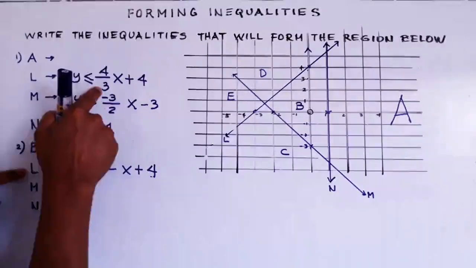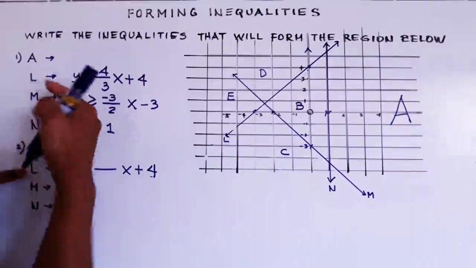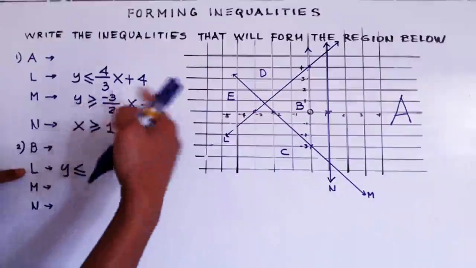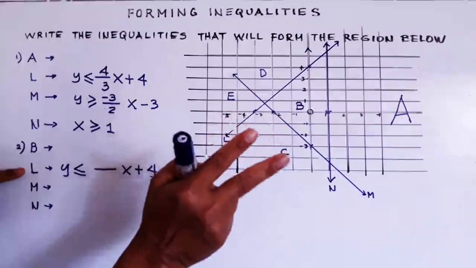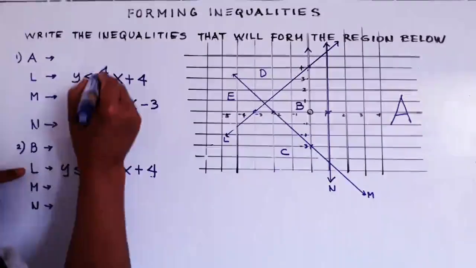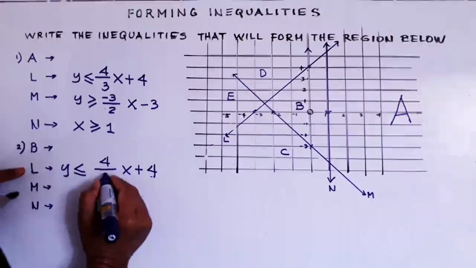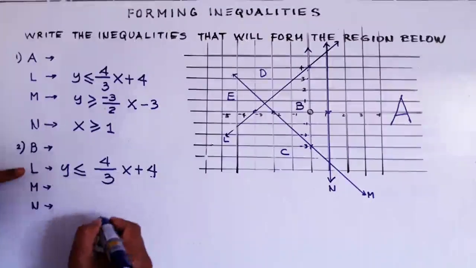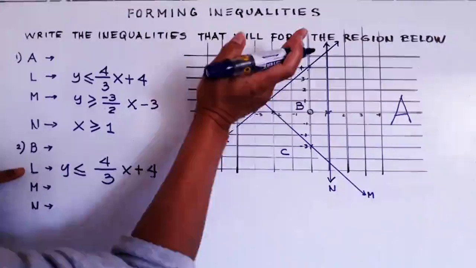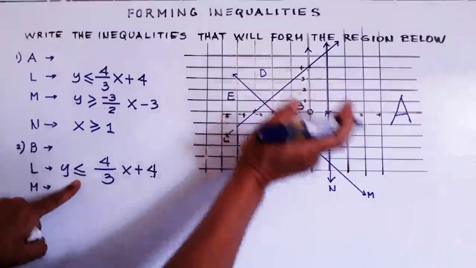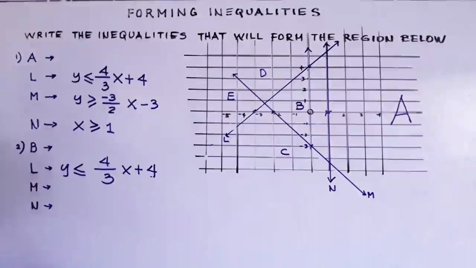The only difference is that this one can be like this or like that, less than or equal to or greater than or equal to. So we just put this one, the L, it's the same. So 4/3x, done. Because it's going down. That's the equation. We just copy the equation.